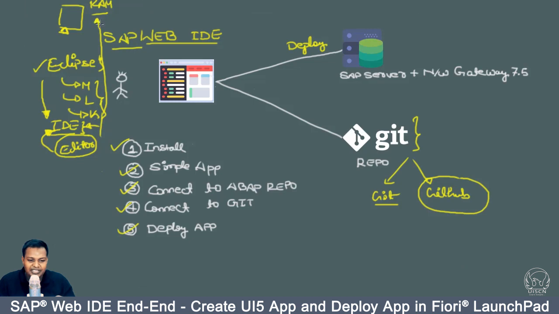Any computer should have more than 8 GB of RAM to function smoothly with Web IDE. You can work with 4 GB or 2 GB of RAM, but if you have 8 GB of RAM, it will be pretty smooth.